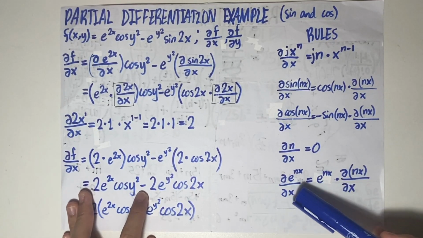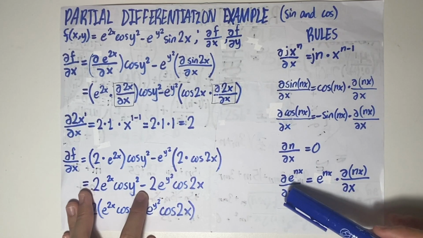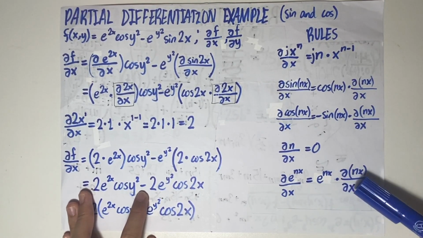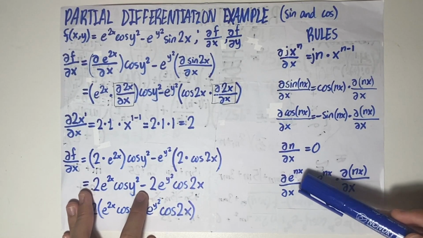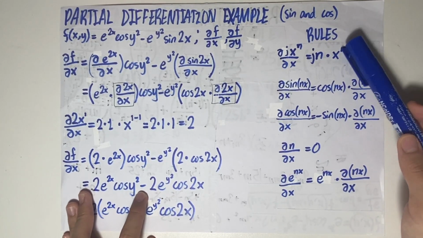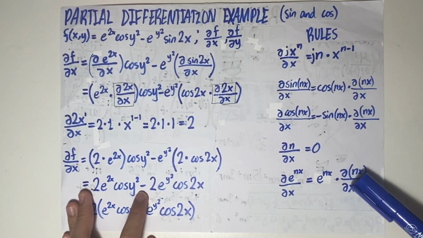And finally we have the derivative of e to the power of nx, derived in terms of x, and that is equal to e to the power of nx times the derivative of nx. So when it's e to the power of nx, we do not employ the power rule of n minus 1. We simply get e to the power of nx times the derivative of nx.